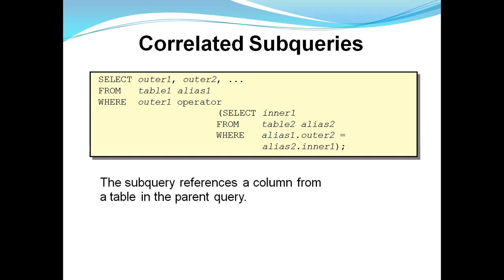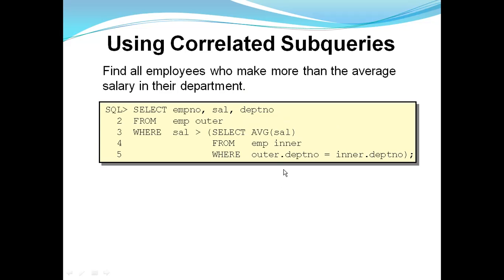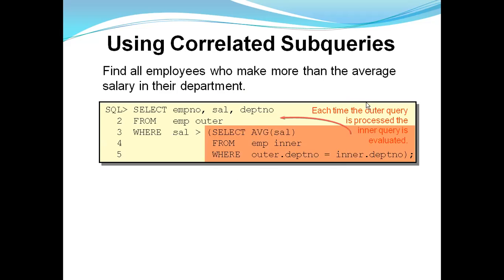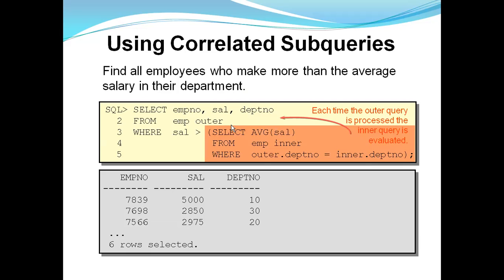Simple. So how do we decide that it is a correlated subquery? It is taking a reference from the outer query. Now here, the same thing. This query will execute each time the outer query's row is processed. And we'll get a result according to that.